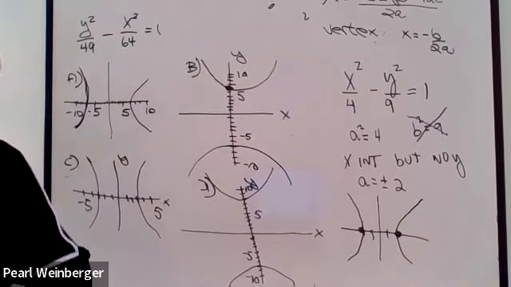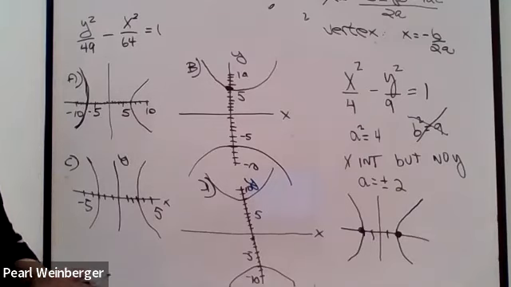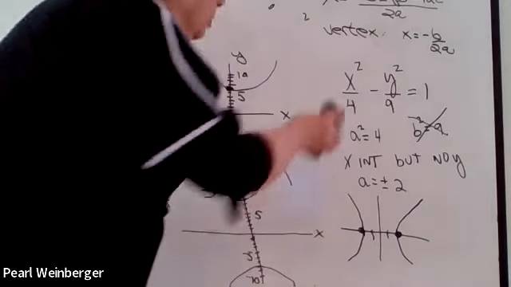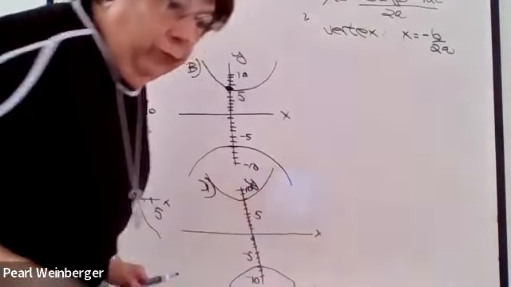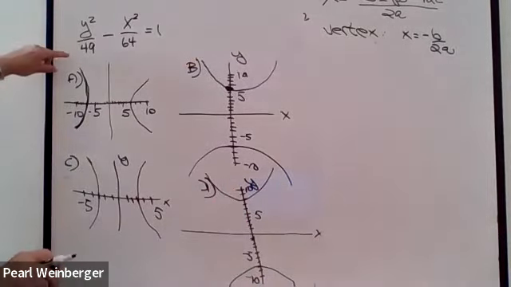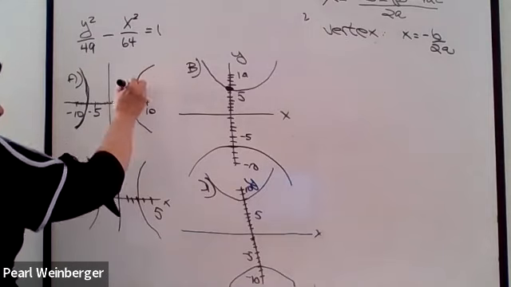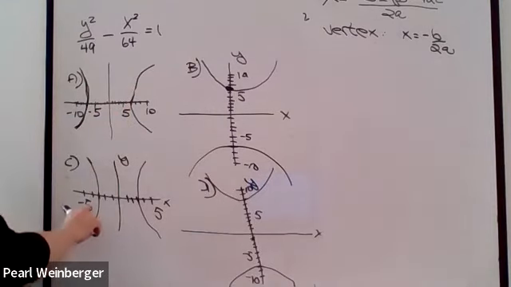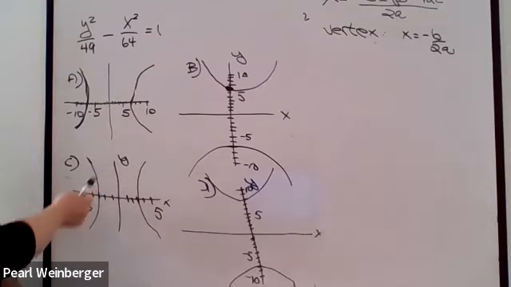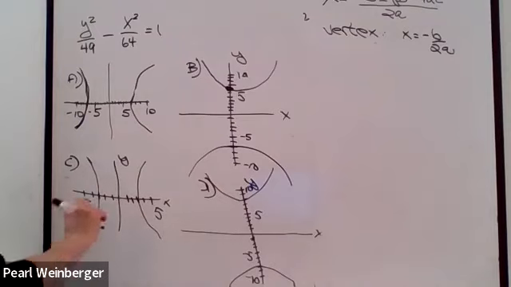I know it looks a little bit hard to see on the board, but I'll describe them. This has branches crossing the x-axis at 7 and -7. This has two branches crossing the x-axis at 3 and -3.